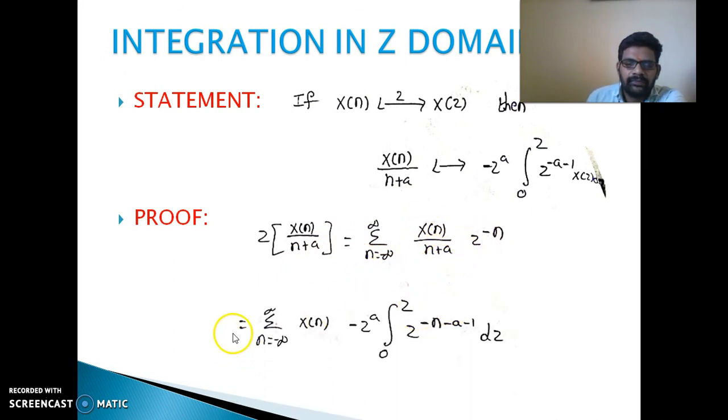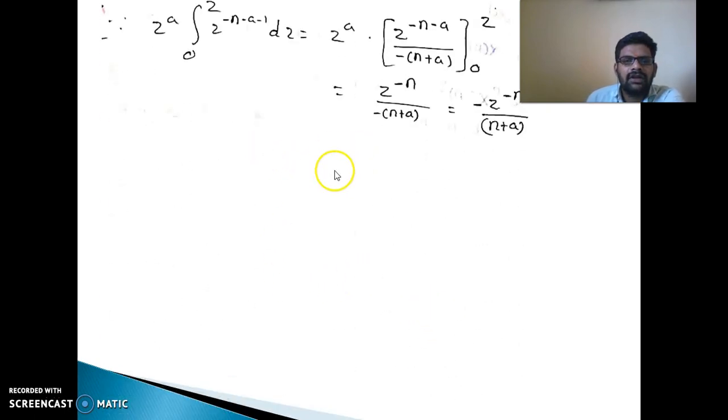Now the next is sigma n equal to minus infinity to plus infinity x of n into Z power a integral 0 to Z of Z power minus n minus a minus 1 dz. So taking that into account, this factor can be written as Z power minus of n plus a by minus of n plus a, from 0 to Z, or minus Z power minus n by n plus a.